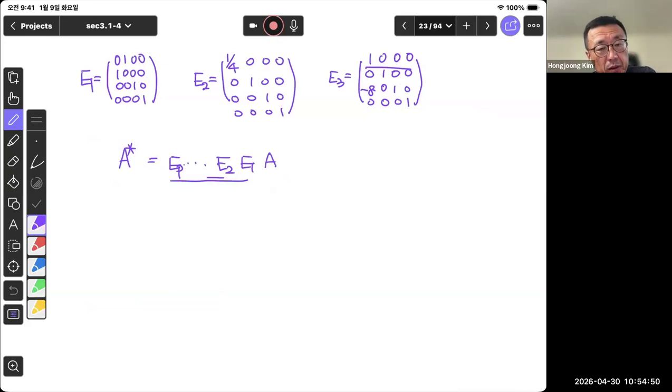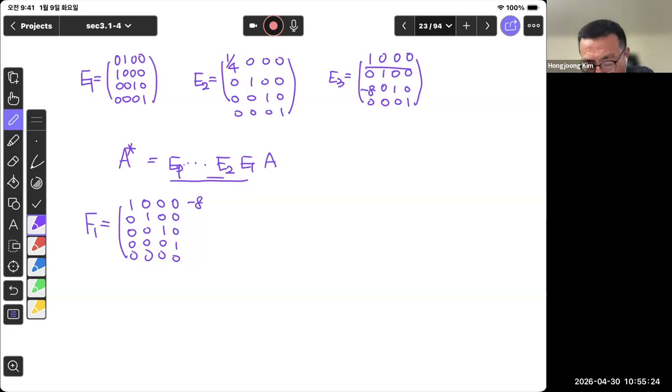Since I'm multiplying the identity matrix from the right and A is a 4 by 5 matrix, if I call the corresponding elementary matrix F1, then given the 5 by 5 identity matrix, if I multiply negative 8 to the first column and then add it to the fifth column, the first row, fifth column entry will be negative 8, and then you get this one.